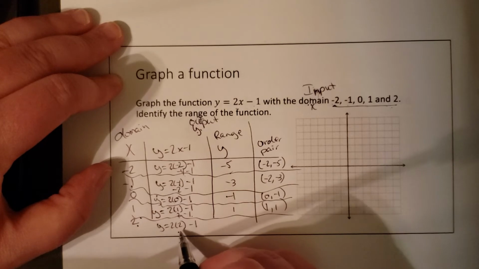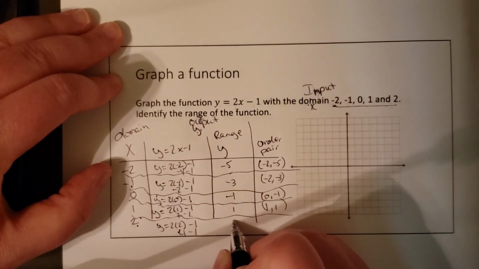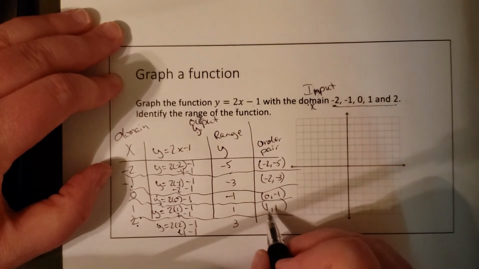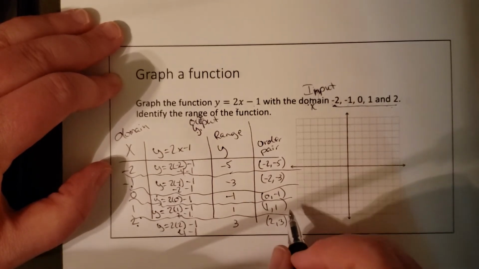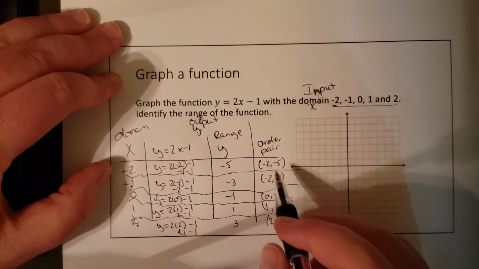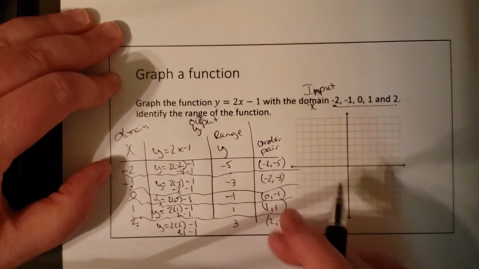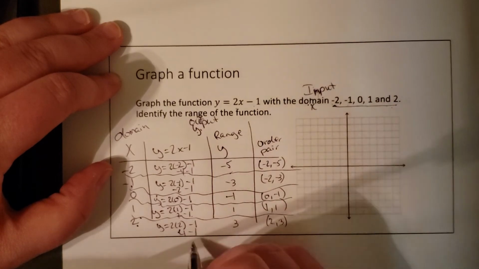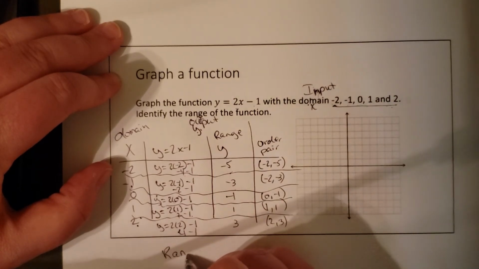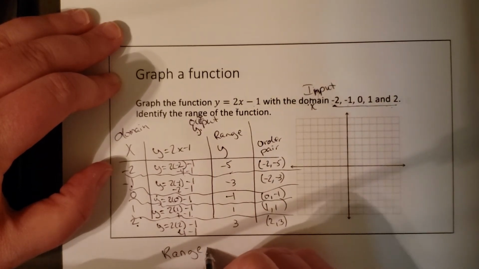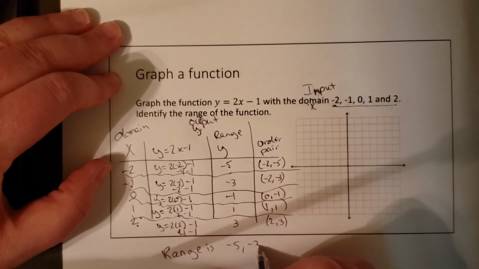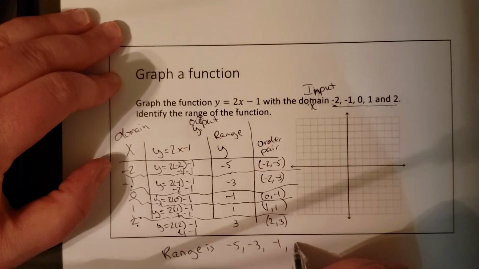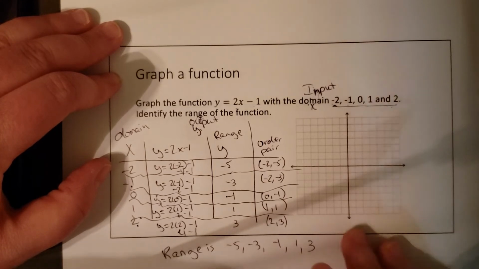So we get 4 minus 1, and we get 3. So my ordered pair is 2, 3. So what is my range? Again, the range is the y values. So when it asks you to identify the range, all you're going to do is say the range is -5, -3, -1, 1, and 3.